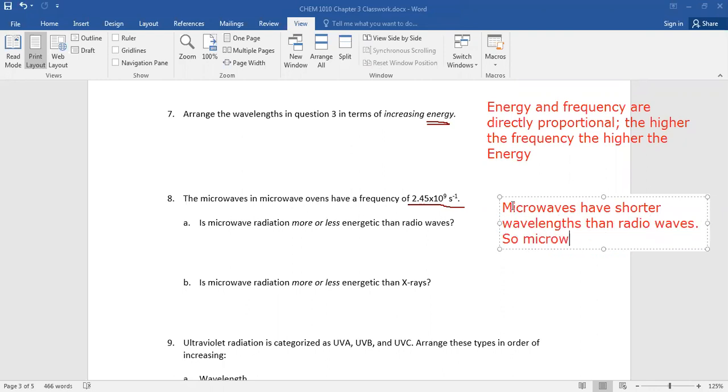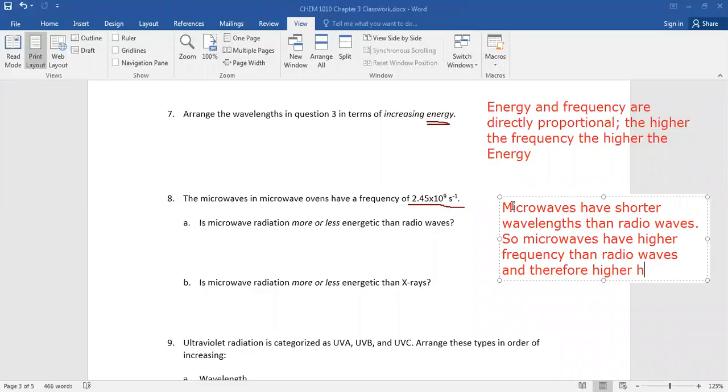So microwaves have higher frequency than radio waves, and therefore higher energy than radio waves. So is microwave radiation more or less energetic than radio waves? More. They are more energetic.